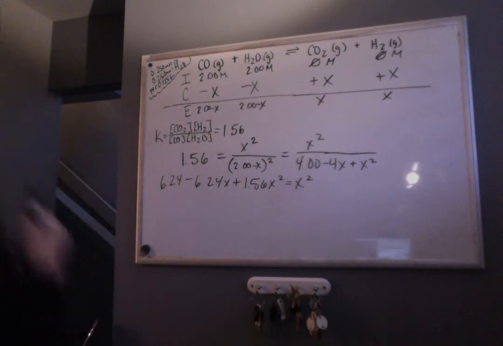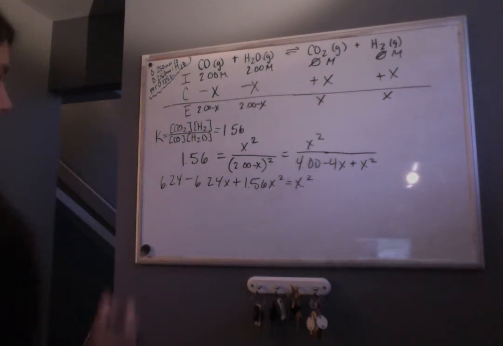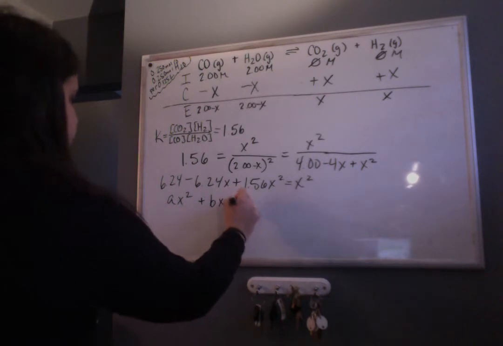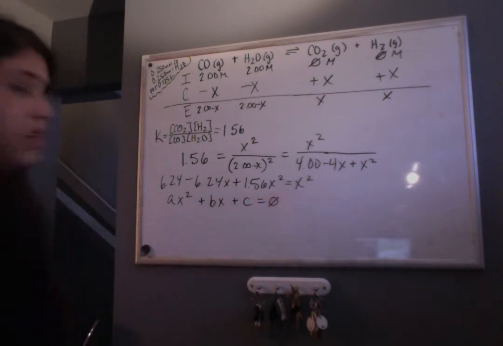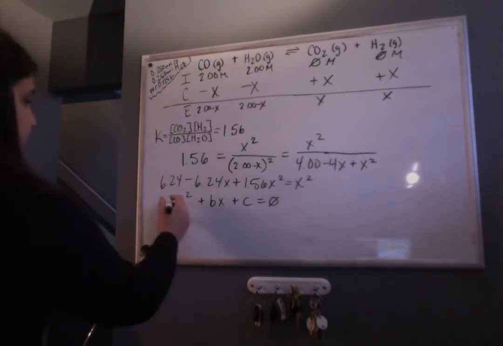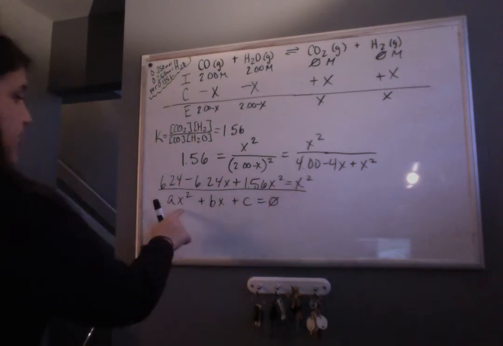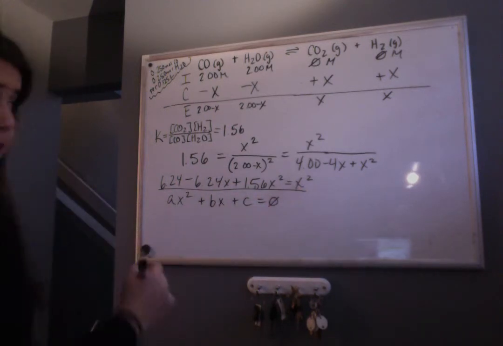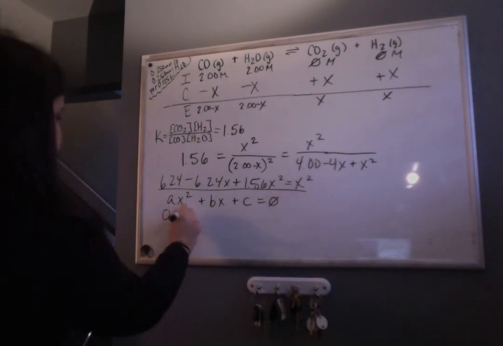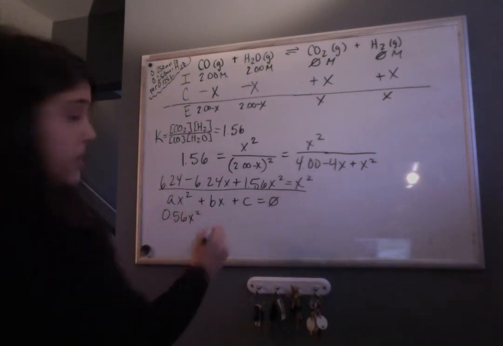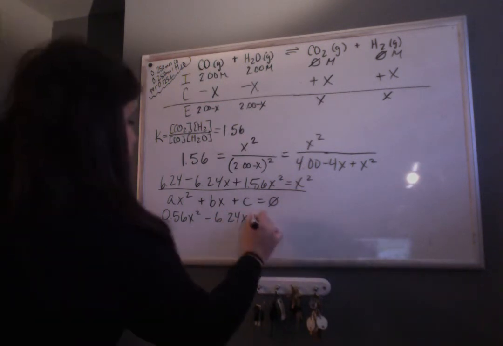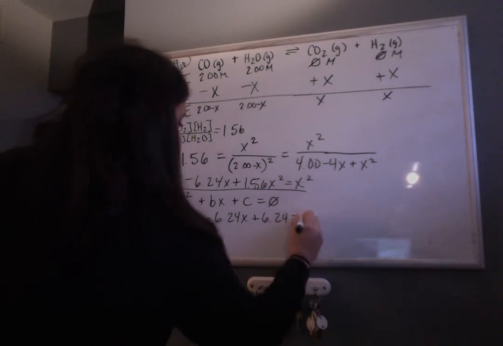I now put this in the form ax squared plus bx plus c equals 0, because we're going to have to use the quadratic equation. So in this manner, I solve for ax squared plus bx plus c equals 0, and I end up with 0.56x squared minus 6.24x plus 6.24 equals 0.